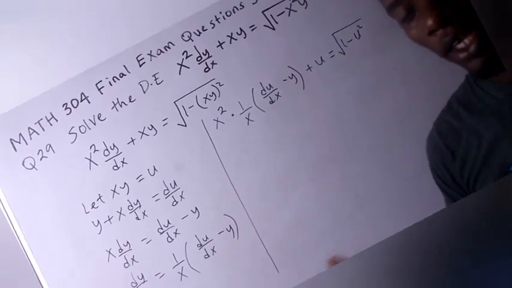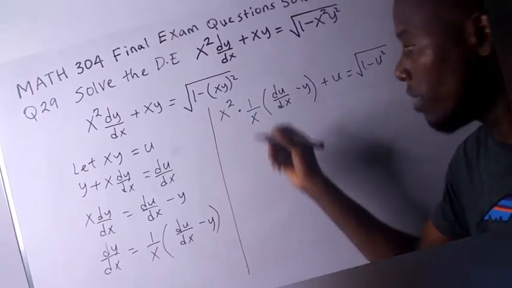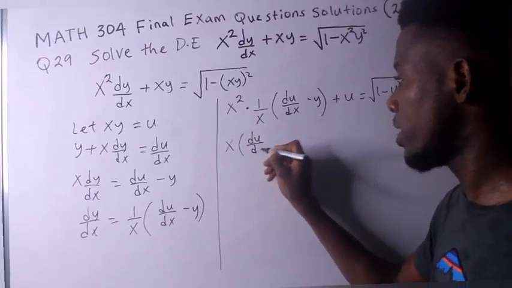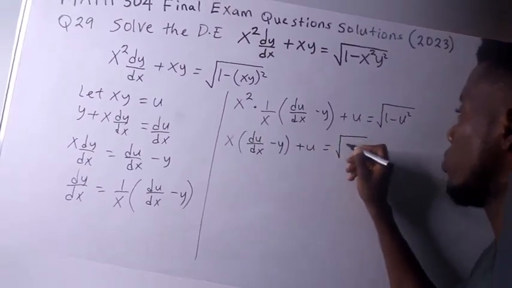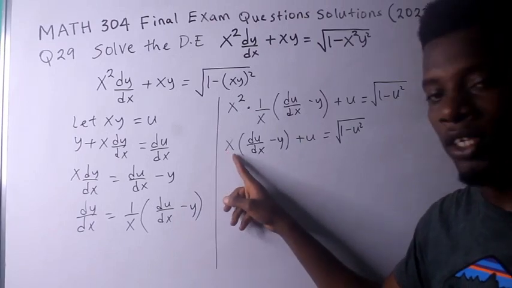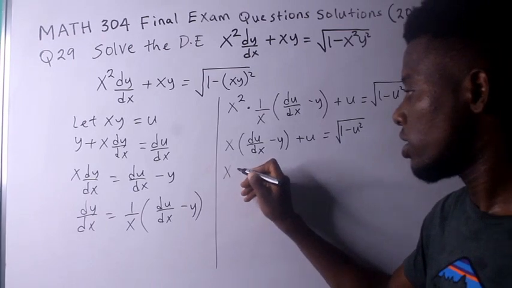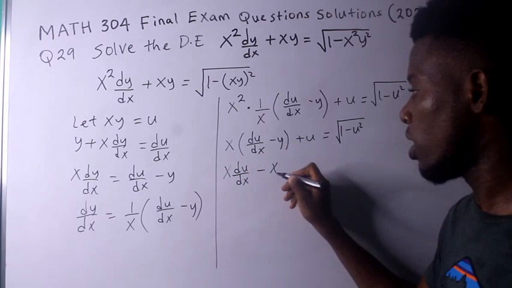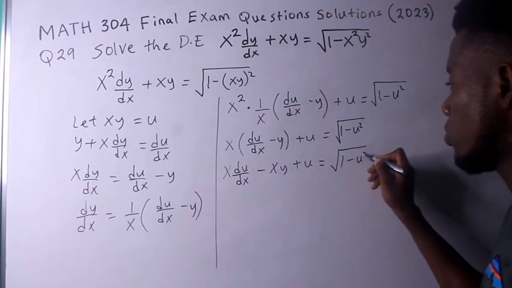I can simplify the left hand side. x goes into x squared x times. So this is x, parenthesis open, du by dx minus y, plus u equals the square root of 1 minus u squared. By multiplying each expression in the parentheses by x, I have x du by dx minus xy plus u equals the square root of 1 minus u squared.